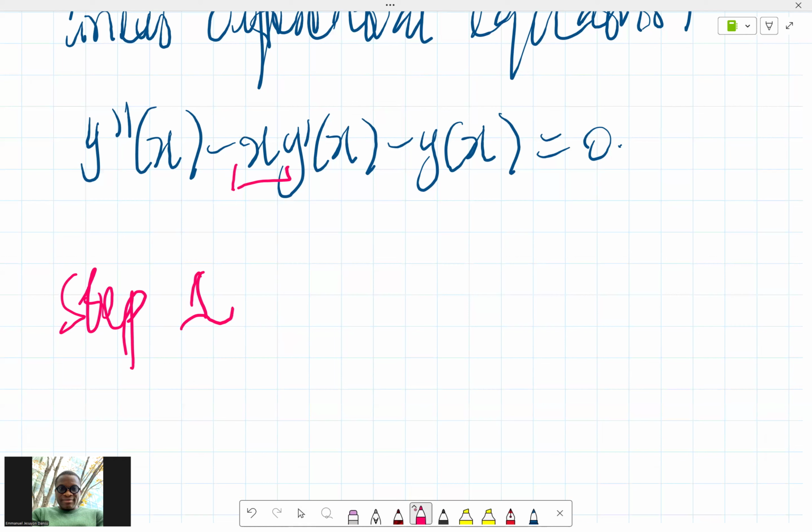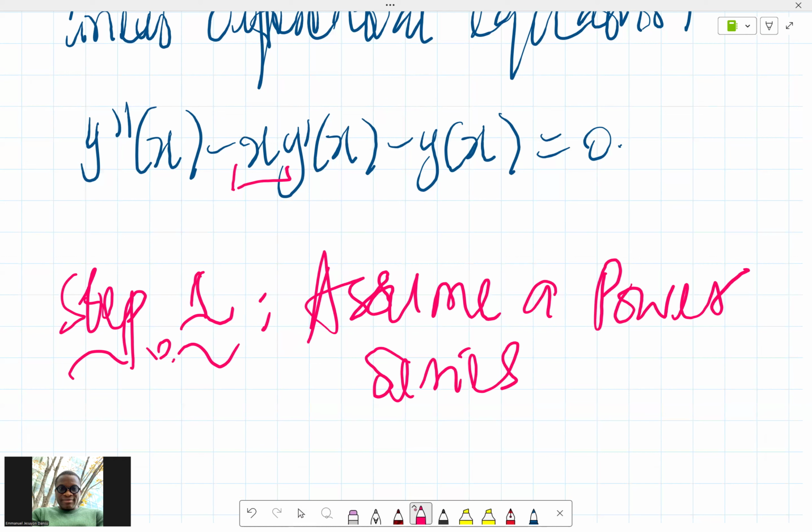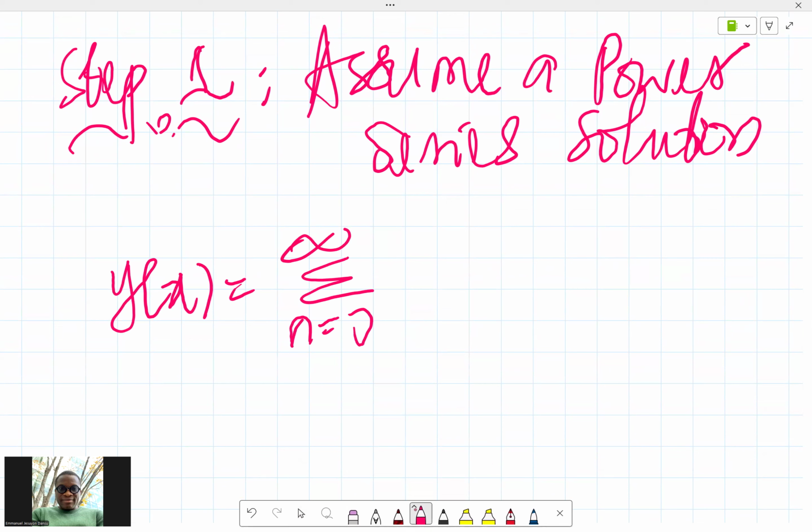Step one: assume a power series solution, like we said before. You assume the solution is of the form y of x equals the summation from n equals 0 to infinity of an x raised to power n.